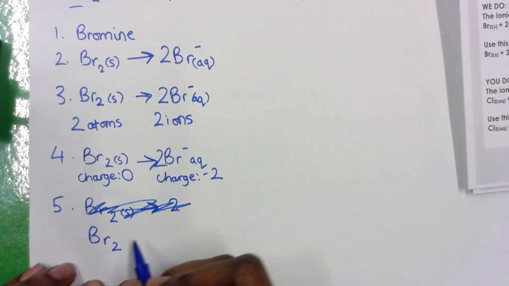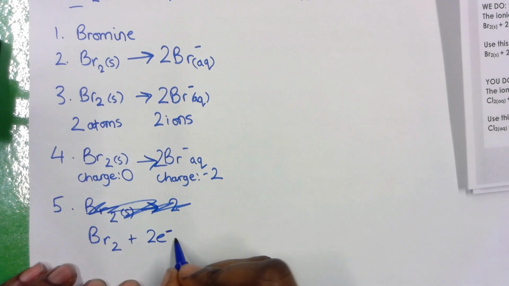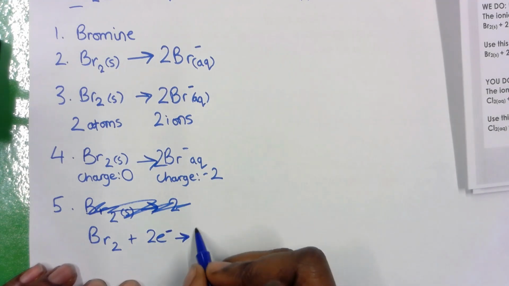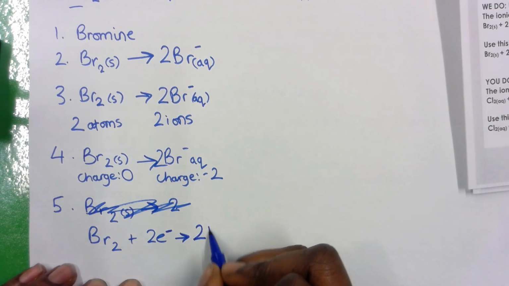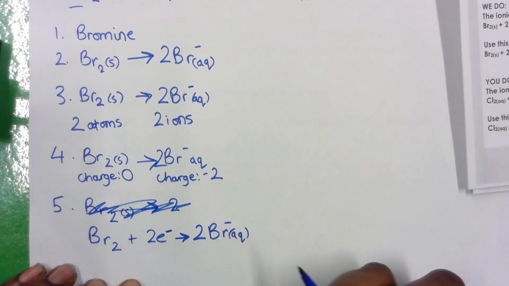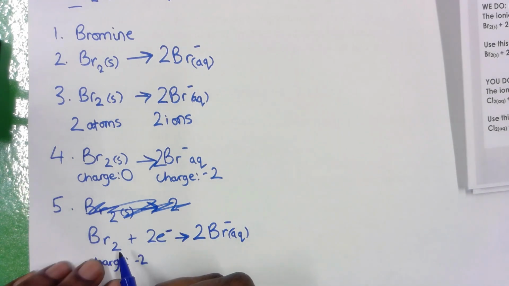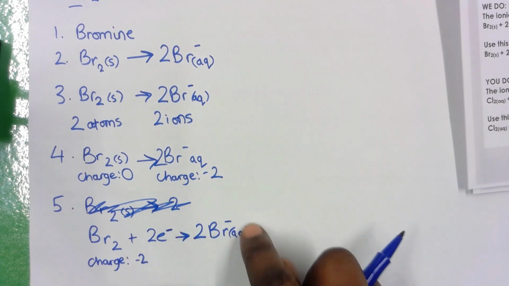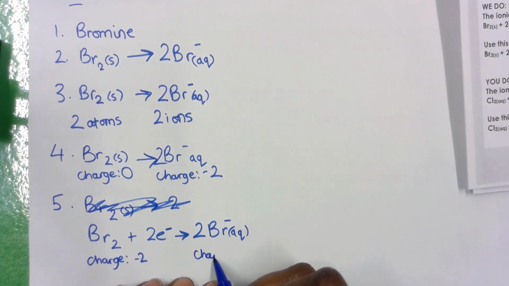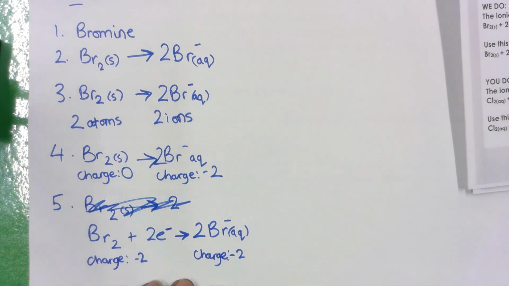It's going to need 2 electrons like so for us to be able to go over to our bromide ion, which means we've got a charge here now of -2, which allowed it to become this bromide ion with the same charge of -2. So we balance the charges with electrons.